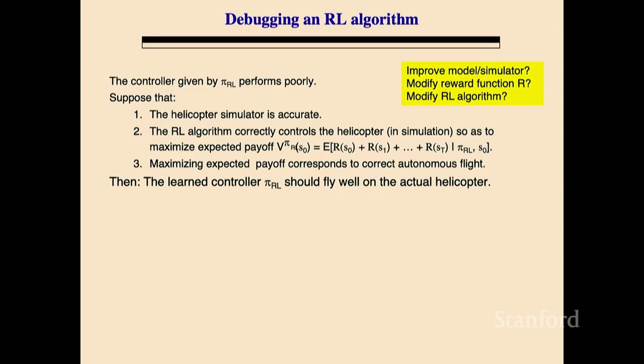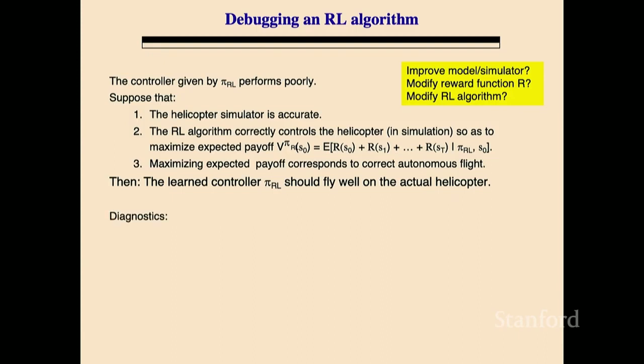Is it a problem that statement 1 is false, that the simulator isn't good enough? Is it a problem that statement 2 is false? Oh, sorry, I think actually 2 and 3 are reversed. But the three statements correspond to the three things in yellow. I think 2 and 3 are in opposite order, right? Is the RL algorithm maximizing the sum of rewards? Is the reward function actually the right thing to maximize?